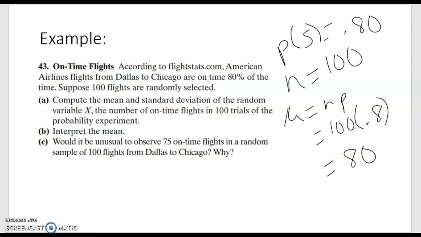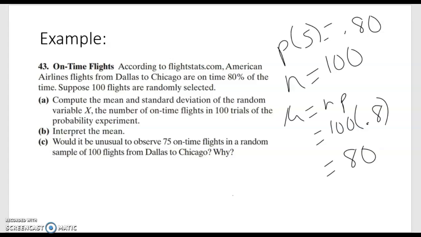So the interpretation of the mean, that's part B. This means that if we were to have 100 flights that are randomly selected, then we would expect 80 of those flights, or 80% of those flights. We would expect 80 of those flights, which is 80% of 100, to be on time. We randomly select 100 flights. We would expect 80 of those to be on time.